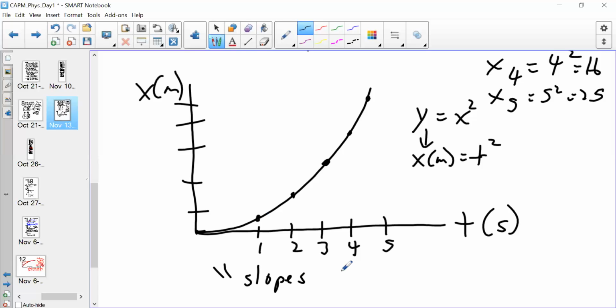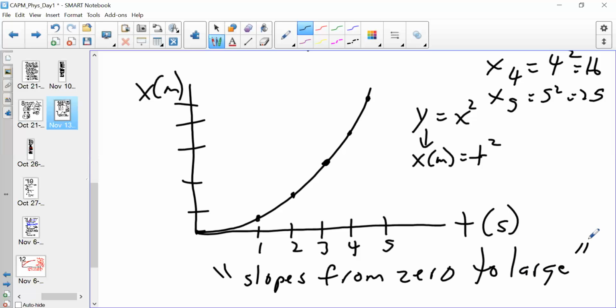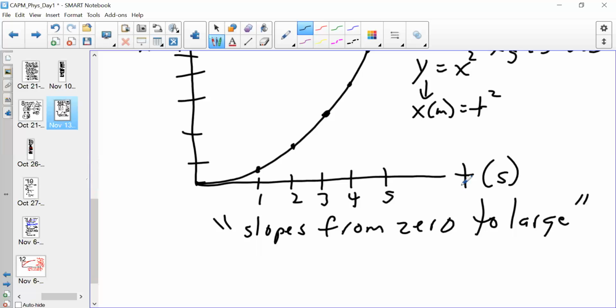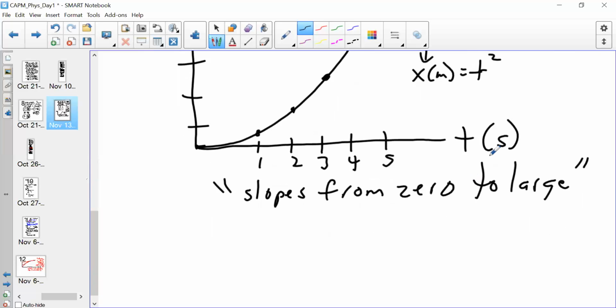Slopes go from 0 to large. And by definition, the slope of a position time graph is the velocity. So the slopes in math become velocity in physics relative to position time, only when looking at position time graphs. So slopes go from 0 to large, and then those slopes in physics are velocities.